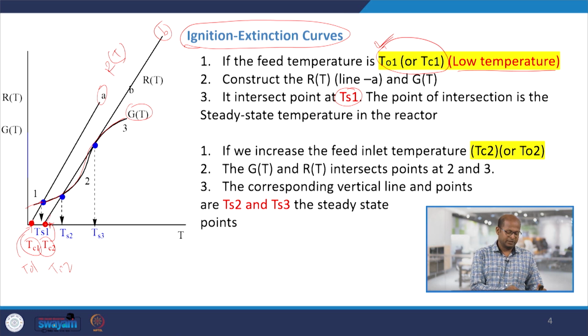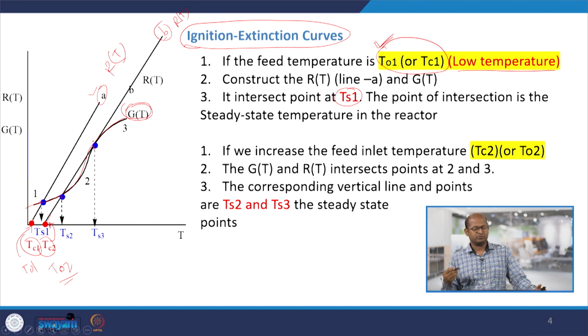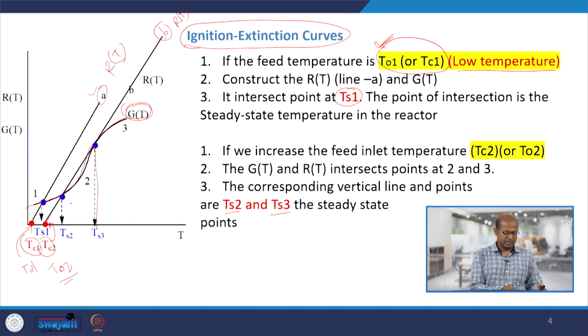If we feed the reactant at this temperature, then the RT curve would be the B curve instead of the A curve. The heat generation due to the reactions would be the same. Here you can see two different intersection points, meaning two steady state temperatures, TS2 and TS3. This is TS3 and this is TS2. These are the steady state temperatures.